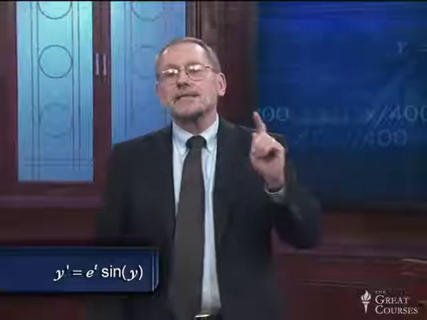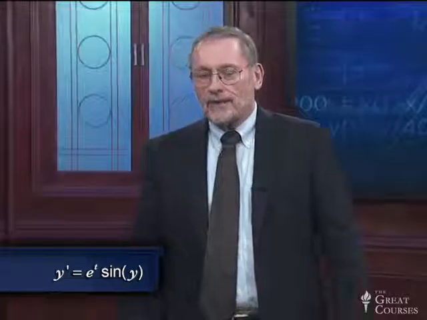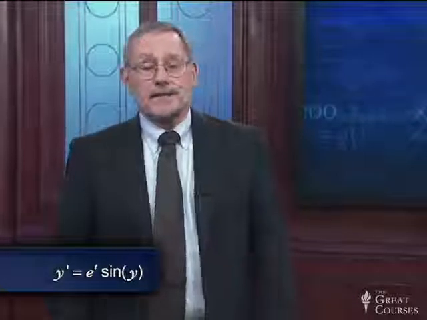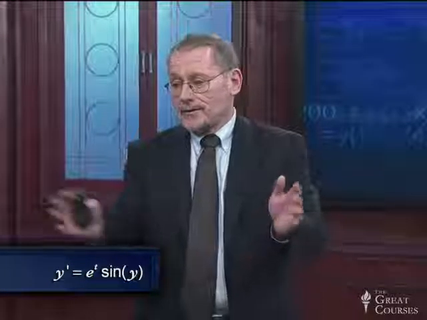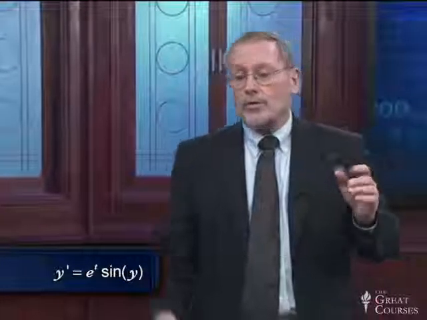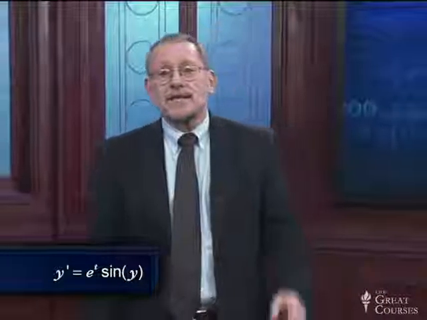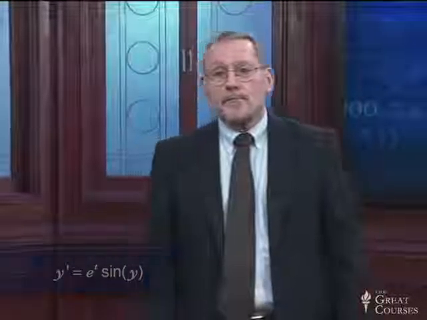Okay, well, now one more differential equation. Let's take the differential equation y prime is e to the t sine y. That's a nice differential equation, right? The derivative of e to the t and sine y are all nice. So that differential equation satisfies the existence and uniqueness theorem.